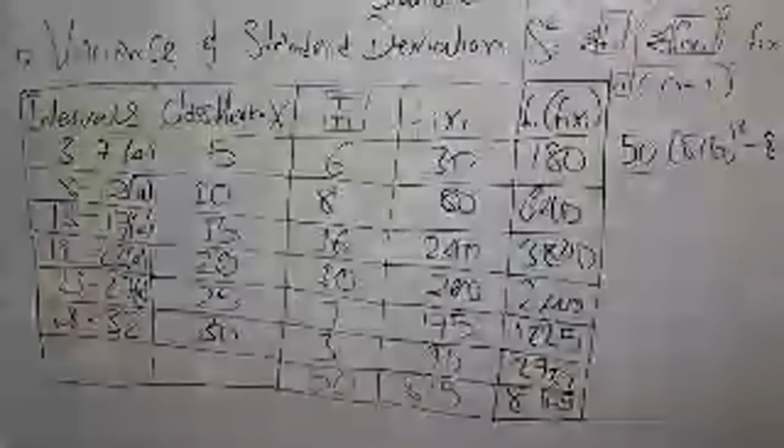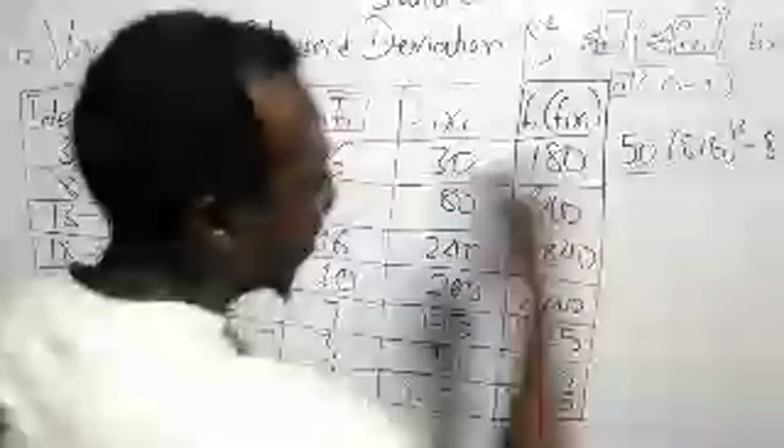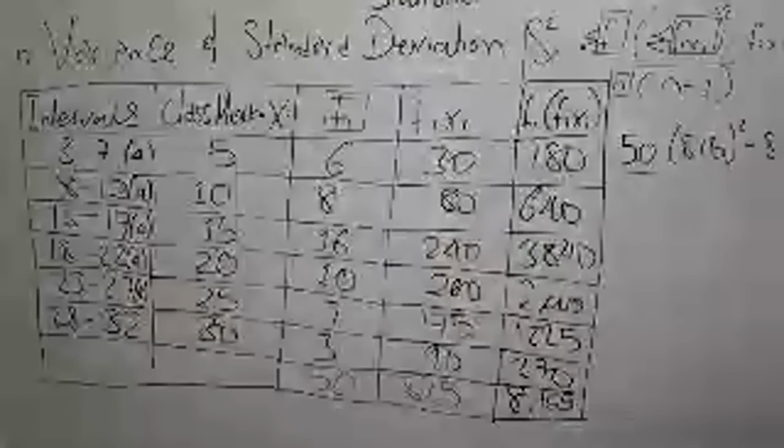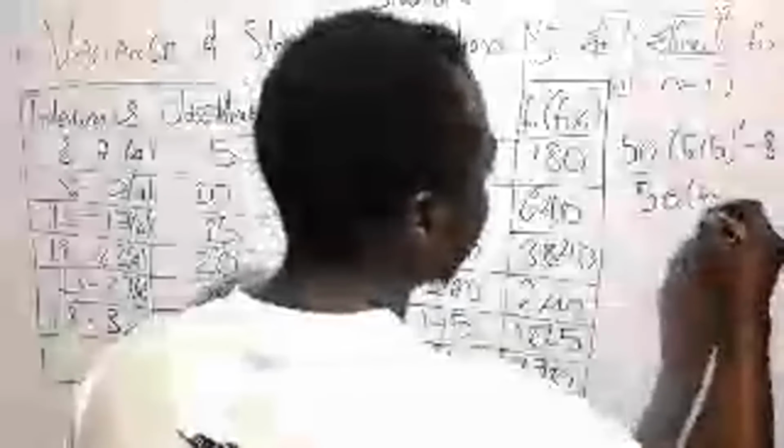Then we have n, which is 50, 50 minus 1.